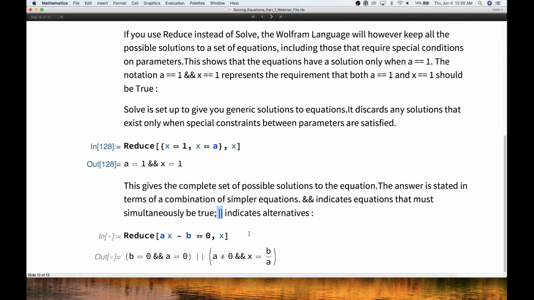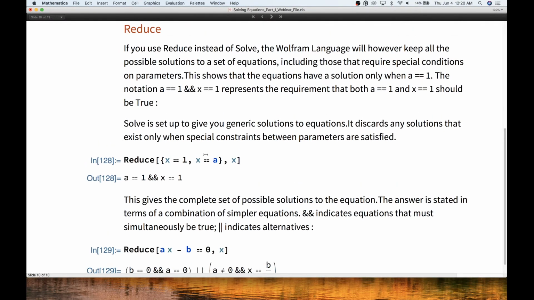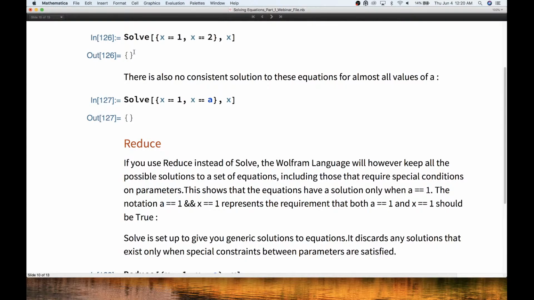So when I use another equation of Reduce, it says that b is equal to 0 and a is equal to 0, then you can get a solution for that. Alternatively, if a is not equal to 0, then x has to be b over a. So in this way, you can get all the results using the Reduce function, but you use the Solve function to get all the generic solutions to the equations.